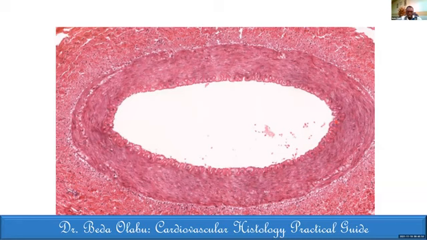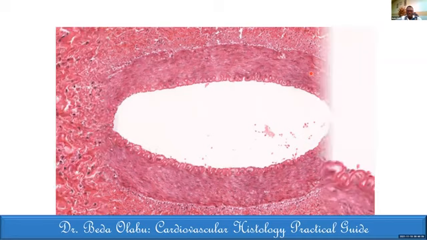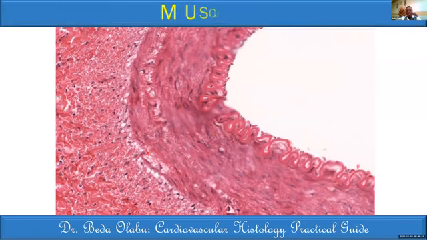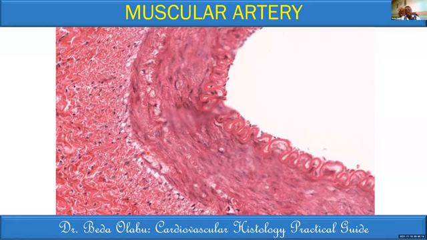Very prominent internal elastic lamina, prominent tunica adventitia, and that is the tunica media, which is largely made up of smooth muscle. And so this one here is a muscular artery. So that's how we distinguish blood vessels. I've shown you how a muscular artery looks, and I've shown you how an elastic artery looks.